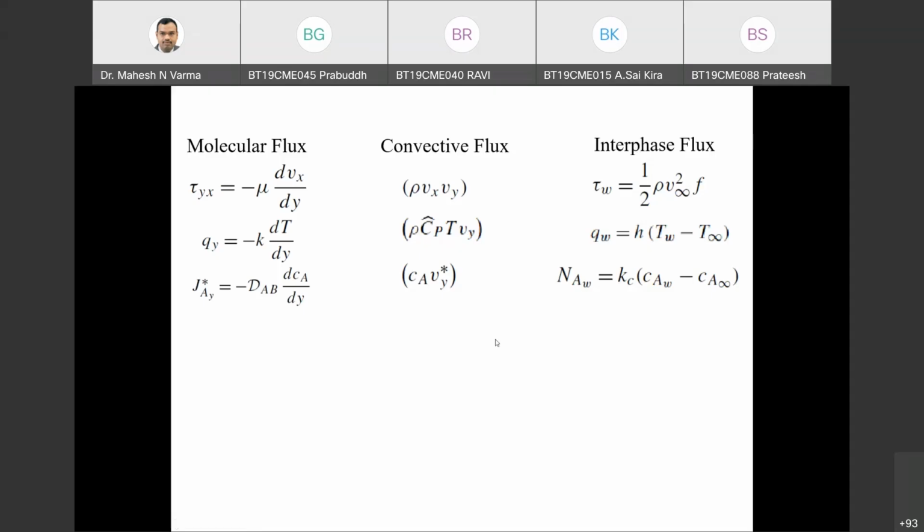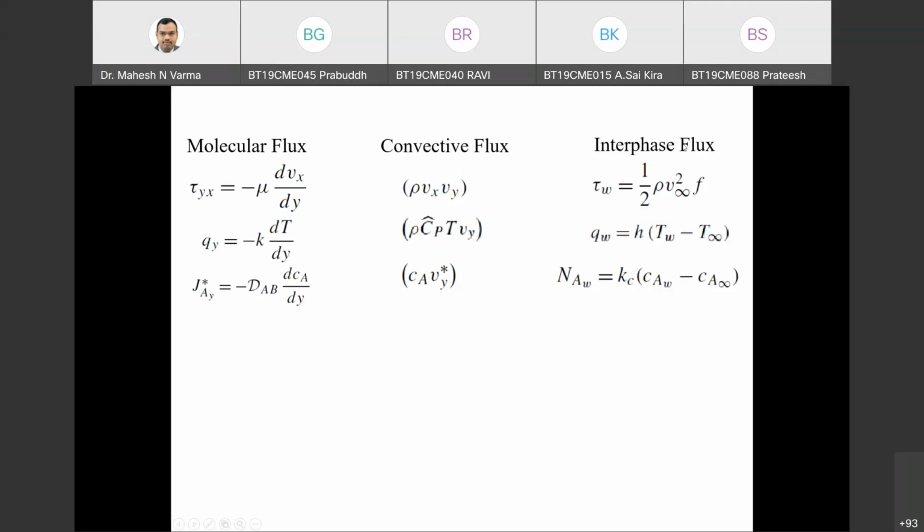If you are not discussing transient, if it is steady state and laminar flow, it will be dominated by molecular flux. If the convective flux is also there, then together you can have the total flux, and if you have an interface, these are the equations.